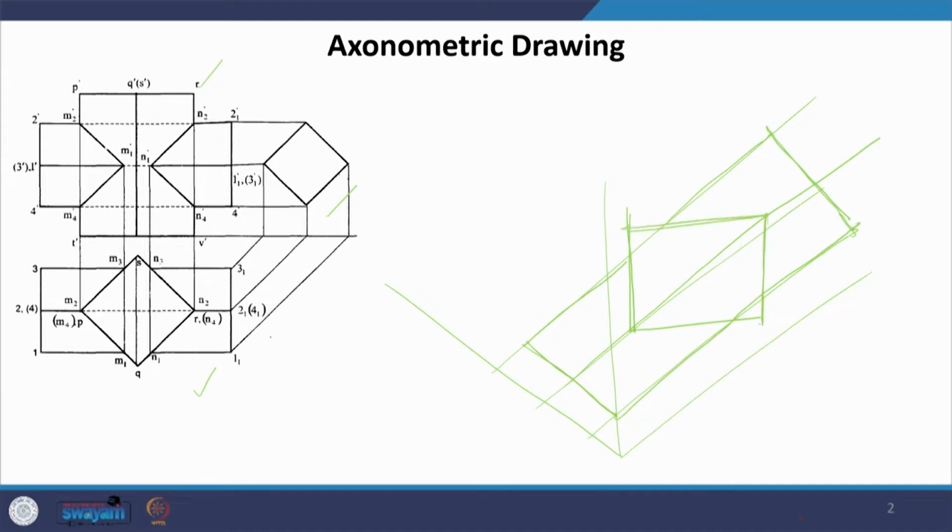This is approximately how this is going to look like. This does not look like a square, but it is a square here in the original object. Okay. So, this is what we saw in the plan.